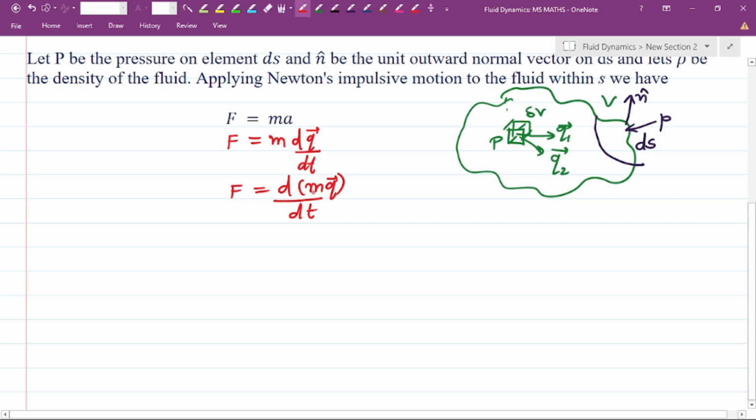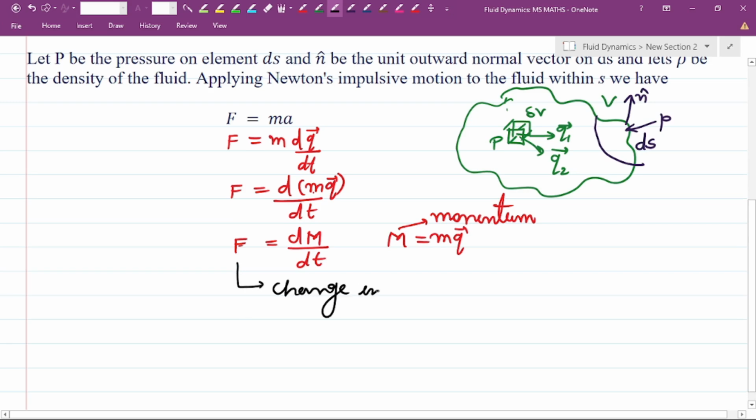Since m into q is nothing but the momentum, we can write it as d capital M by dt, where capital M is small m into q vector and is called momentum. Here the force is basically the change in linear momentum.